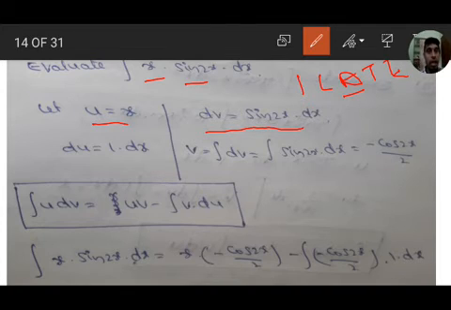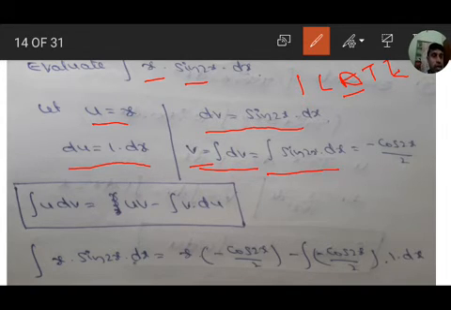The derivative of u is 1, so du equal to 1 into dx. The integration of dv, that is v, equals integration of sine 2x dx, which is minus cos 2x by 2, a formula we know.